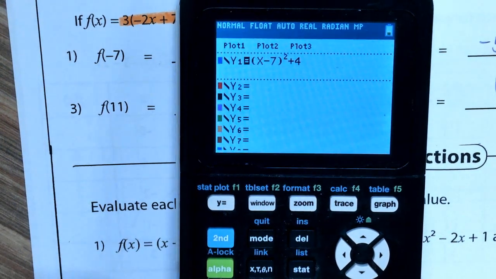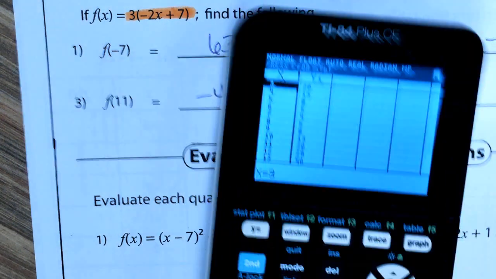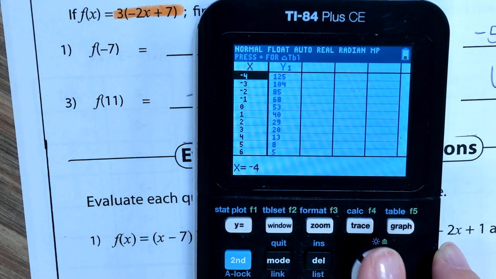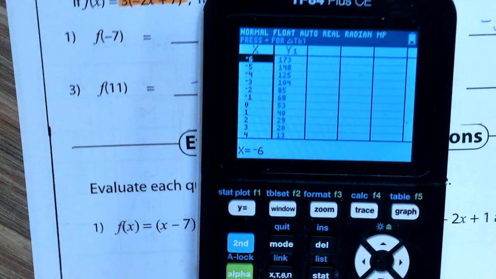And that's it. And then go to your table. When x is negative 6, what is the answer? 173.